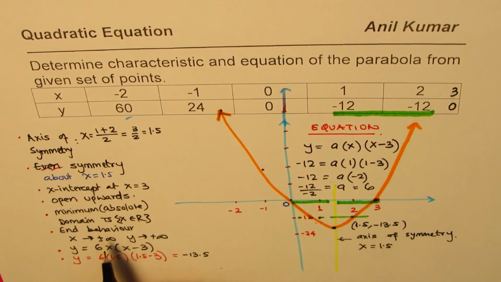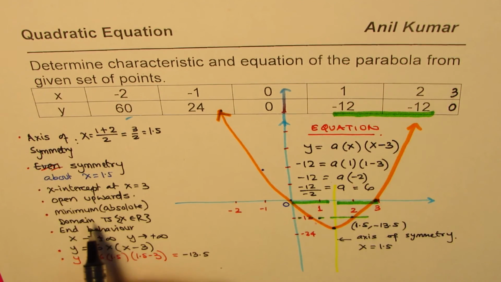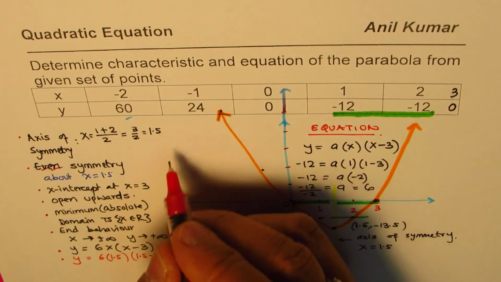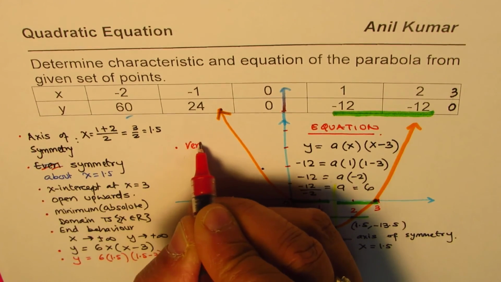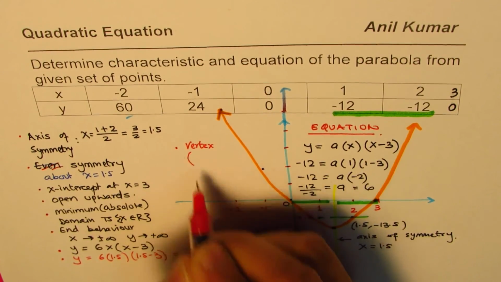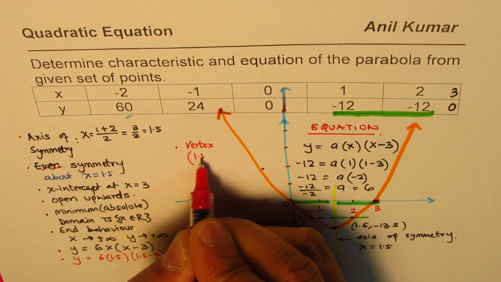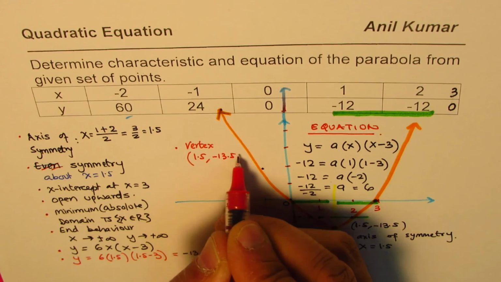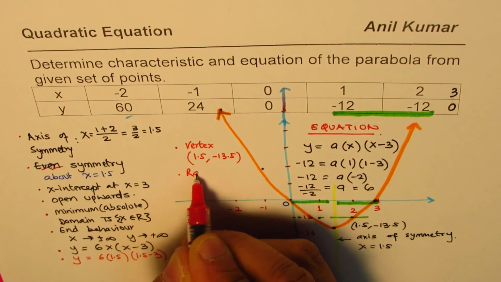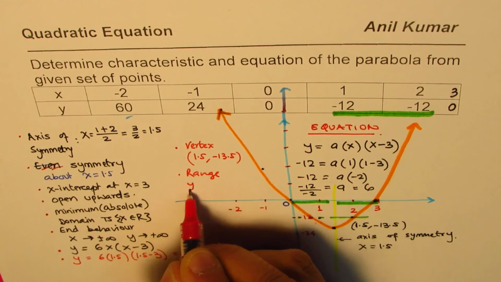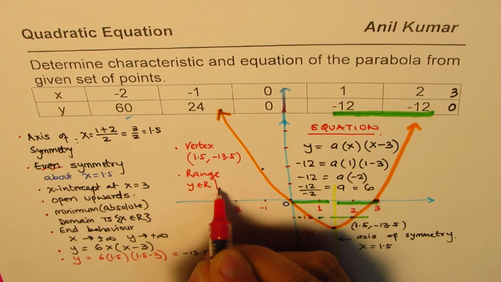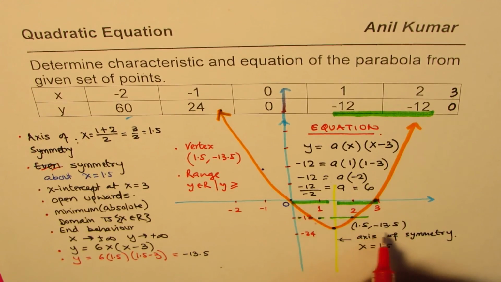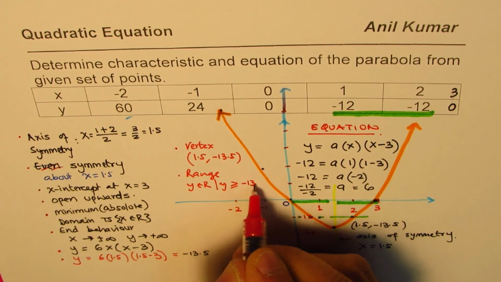So now we can write further characteristics here. The vertex is actually at 1.5, minus 13.5, and the range is y belongs to real numbers, where y is greater than or equal to minus 13.5.